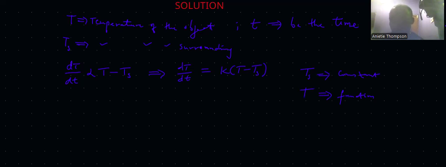Of course, that makes this a differential equation, and it is a first order differential equation because this is the first derivative of the variable T with respect to the time. All right, so let's go on and solve the problem.